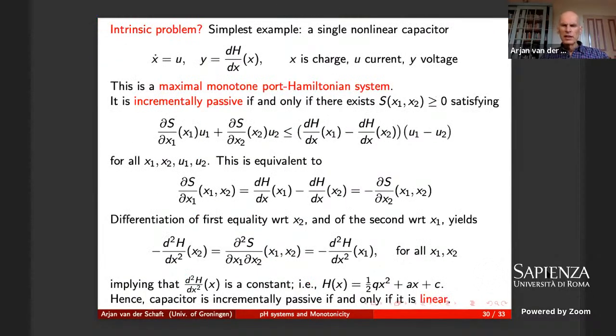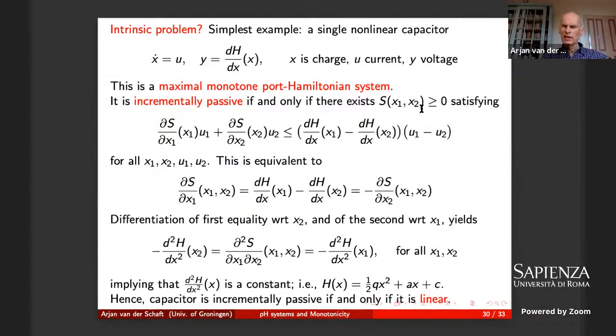And in fact, as was noted by quite a few people before, there is an intrinsic problem over here. Because if we just have the simplest case, a single nonlinear capacitor, so x dot is equal to u, y is equal to the differential of some function H, this is obviously maximal monotone Port-Hamiltonian. Well, when is this incrementally passive?